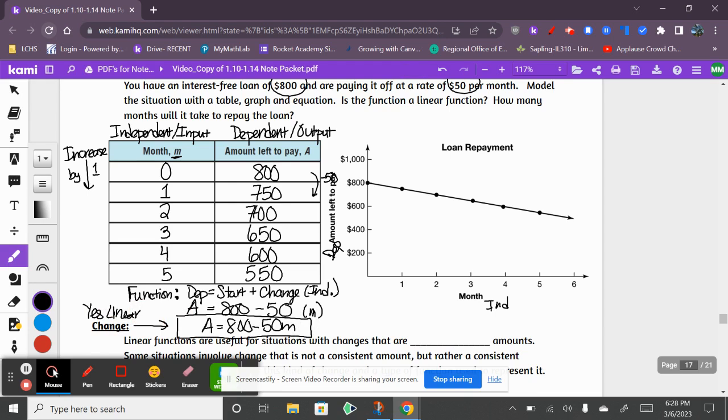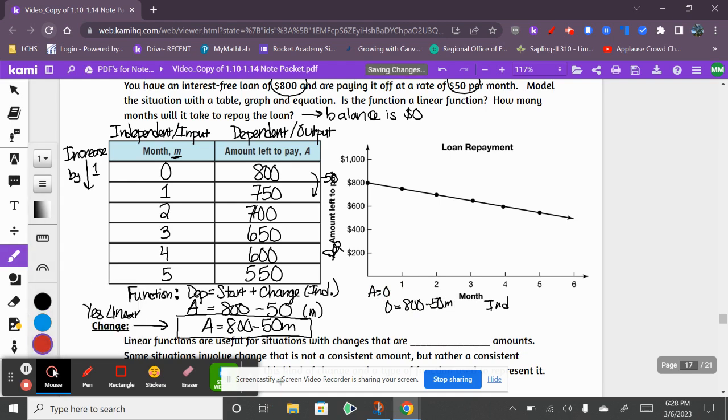The other question it asks is how long will it take to repay the loan? If we repay the loan, that is when the balance will be 0. So instead of having A, we're going to have A equal to 0. We're just going to replace A with 0. So 0 is equal to 800 minus 50m.